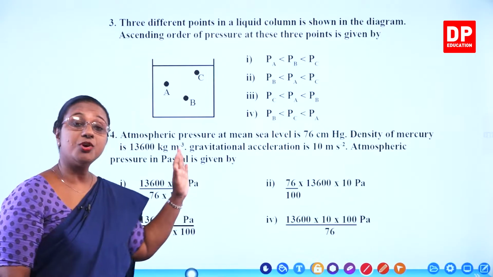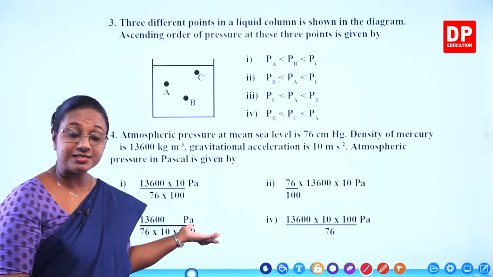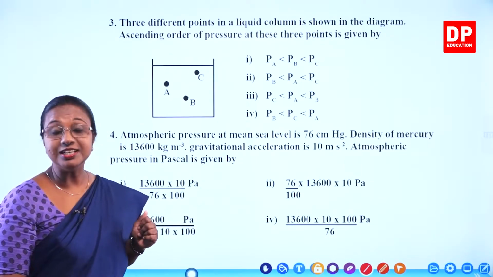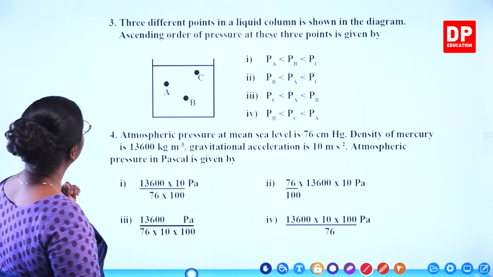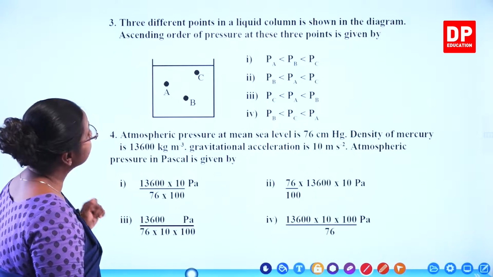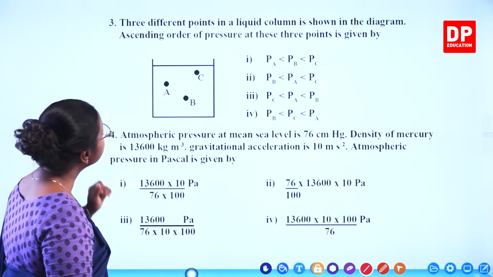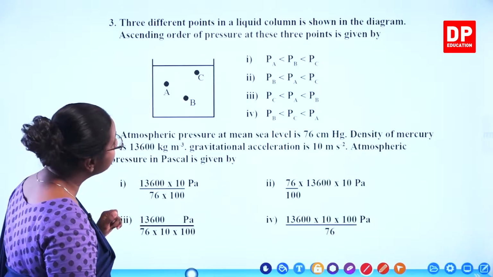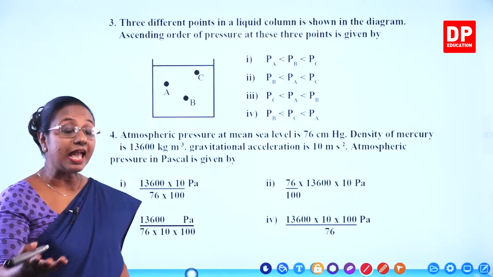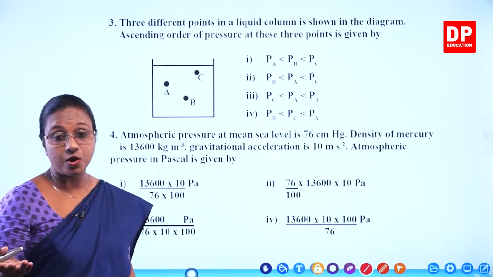Here also students, you all can read the question first, you can answer them and then you can listen to the discussion. The third one, 3 different points in a liquid column is shown in the diagram. Ascending order of pressure at these 3 points is given by. Ascending order is the increasing order of pressure.